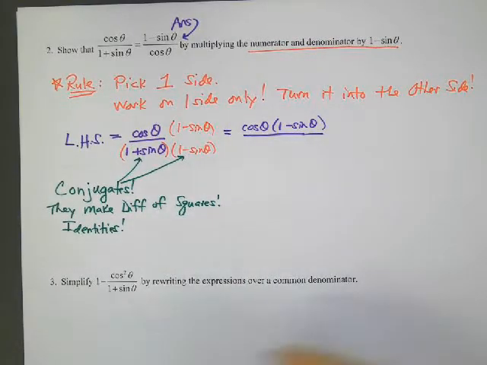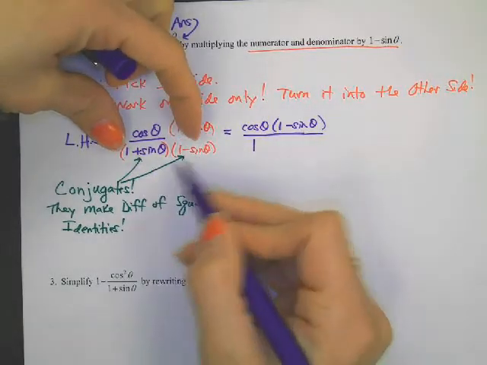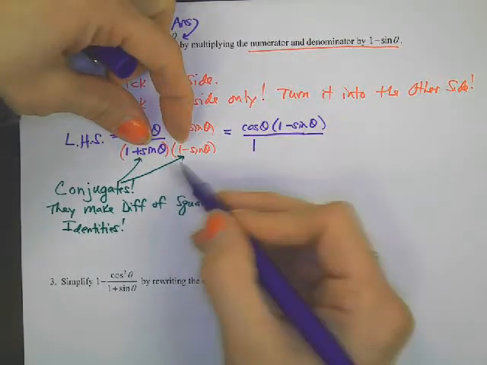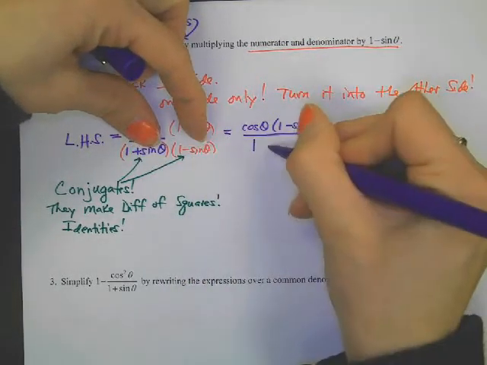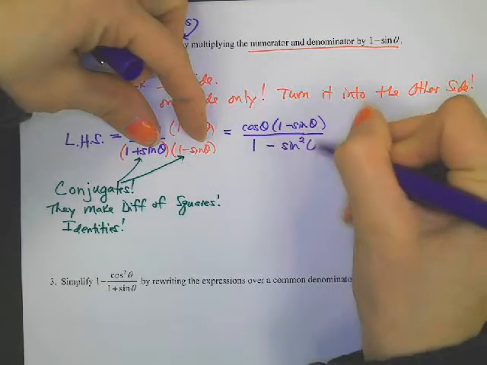So let's go ahead and do some work. That's our goal right there. Firsts make 1. Outers and inners cancel. So when you have conjugates, all you have to worry about is the last. That's minus sine squared of theta.